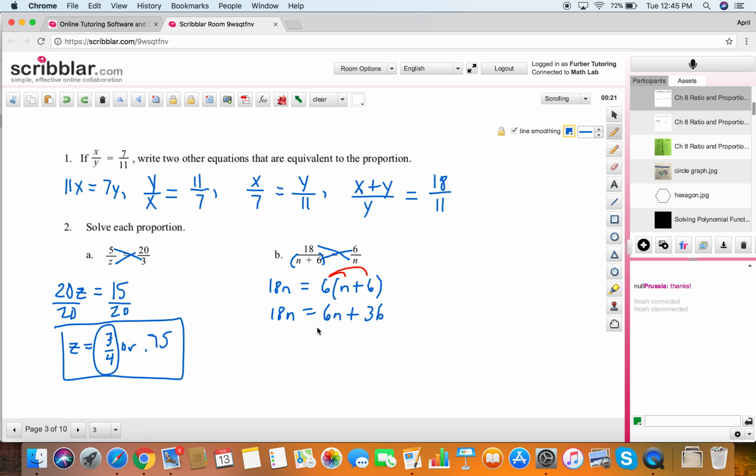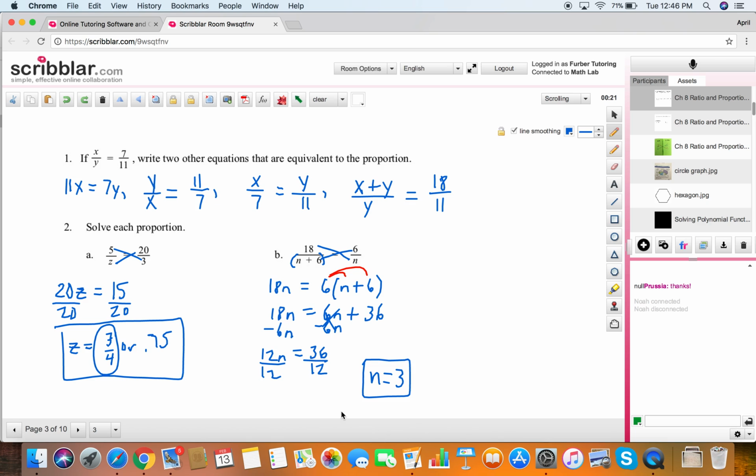And then I need to get the n's on the same side, so I'm going to subtract 6n. That gives me 12n equals 36. And then divide by 12, and that means n equals 3.